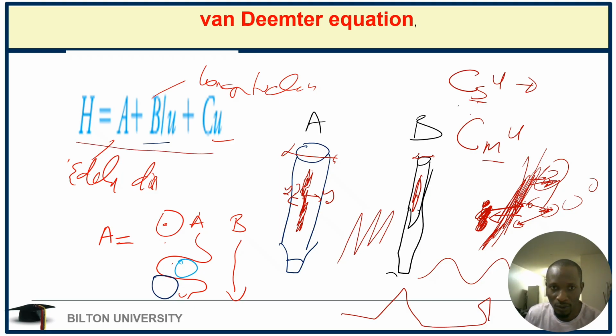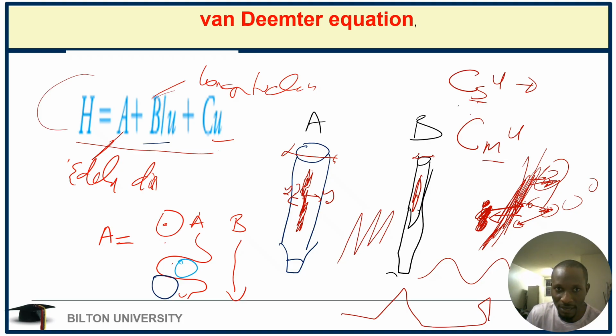Sometimes you can be told, write the Van Deemter equation. You write it, and you are told to explain each term in the Van Deemter equation in relation to column efficiency. So you explain eddy diffusion and how it contributes to column efficiency, longitudinal diffusion and how it contributes to column efficiency, and the mass transfer term.